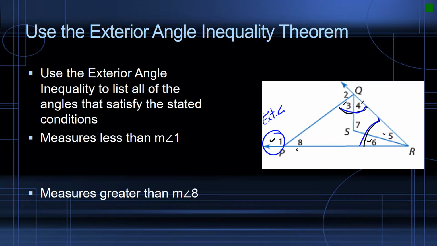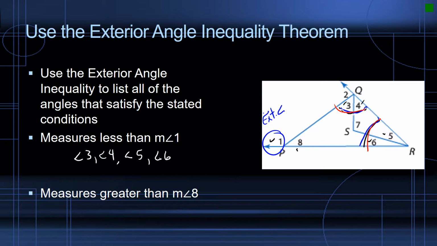And so we could then say, to satisfy that condition, that angle 3, angle 4, which make up this broader angle right here, and angle 5 and angle 6 are going to be less than the measure of angle 1.